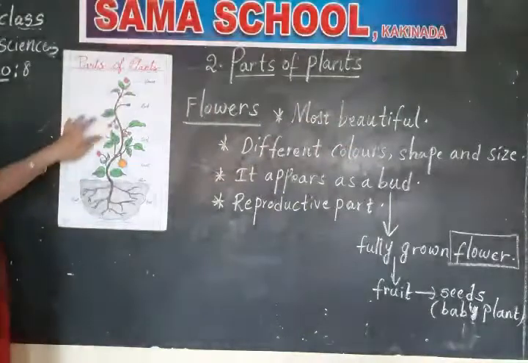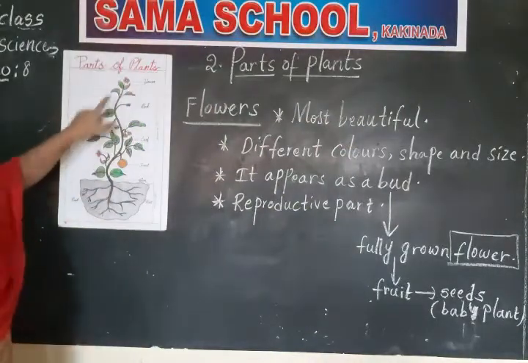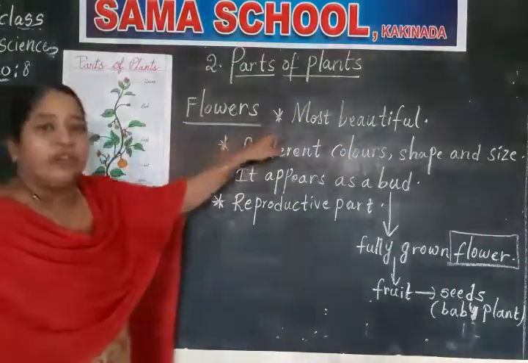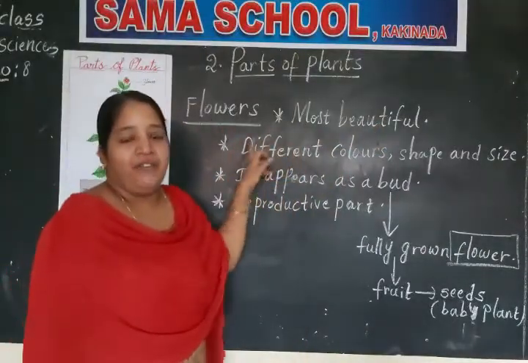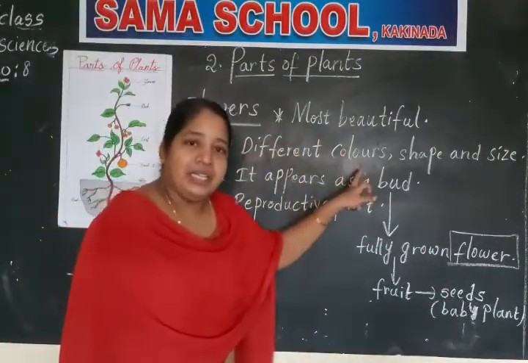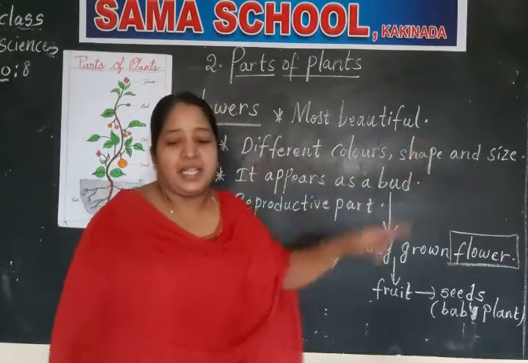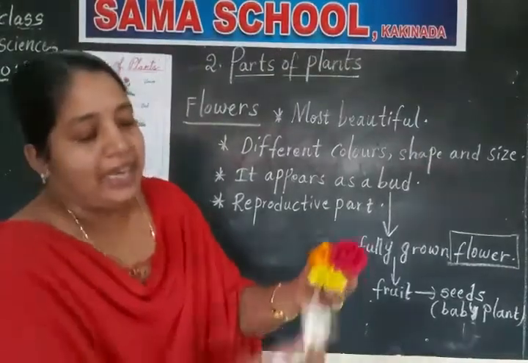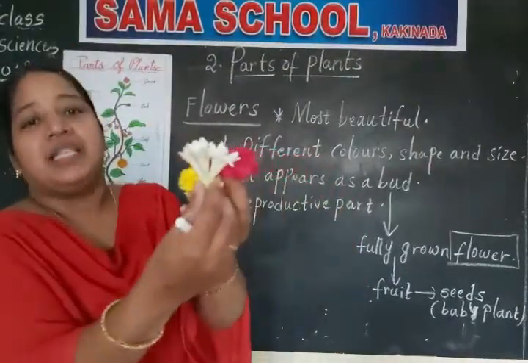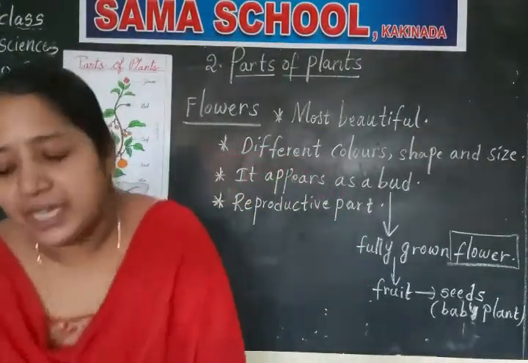In the plant we have so many parts. Out of all these, flower is the most beautiful part of a plant. And you see different colors, different shapes and sizes.